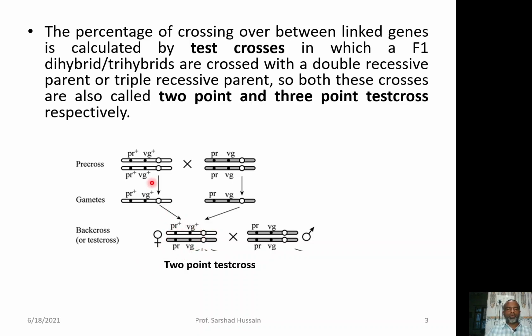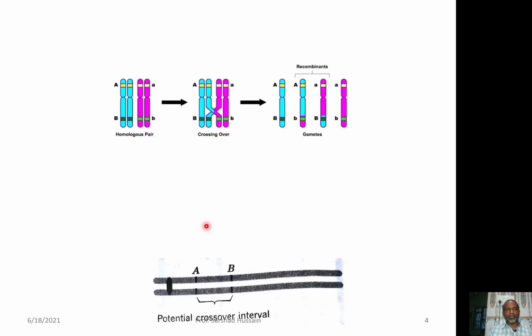So, if you are going to study the two factor crossover and then you are test crossing it in order to know the genotype of the F1, then it may be called the two factor test crossover. And if you are considering the three pairs of genes, then it may be called as 3-point test crossover.